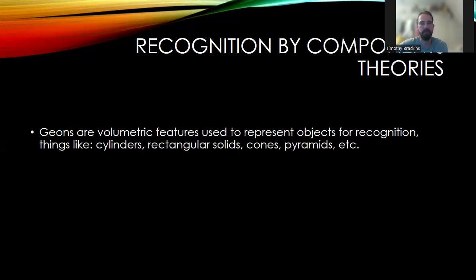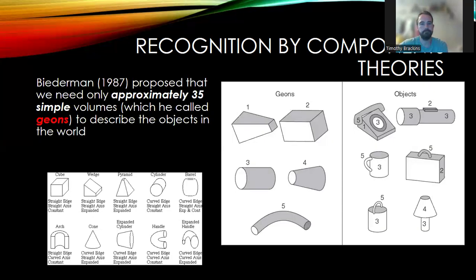So geons, let's just define geons. They're volumetric features that are used to represent objects for recognition. So here we have geons. They're all different shapes, and these combine to form features. So for a telephone, you would use a number 5 geon, a number 1 geon, and a 3 geon. By combining these, we form objects.